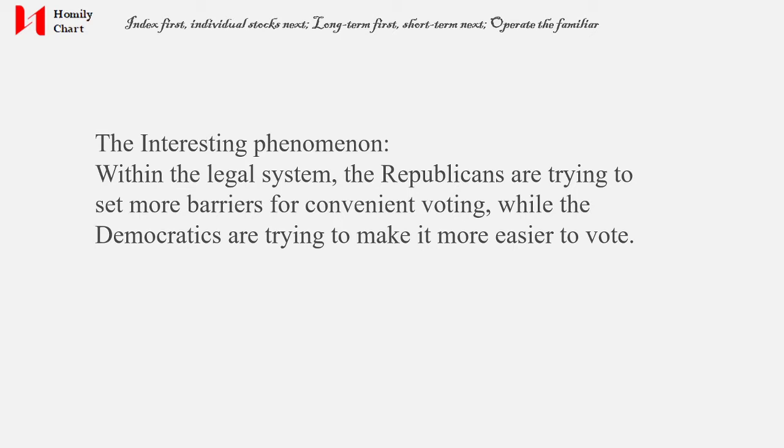So that's why the Republicans are trying to set more barriers, while the Democrats are trying to make it easier to vote. Actually, this is the key factor that might finally determine who would win the general election.